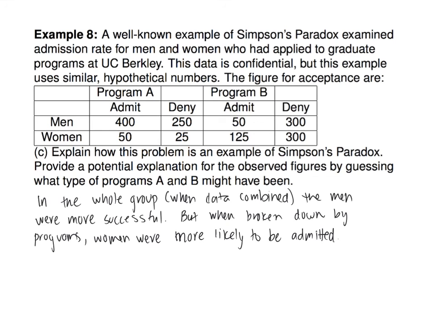For Simpson's paradox to happen, there's nothing in this class that will tell you how you know it's going to happen, but I think it has a lot to do with the fact that in, say, Program A, this subgroup is a much larger size than this one. So that probably has something to do with it.